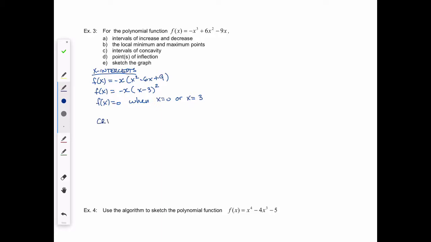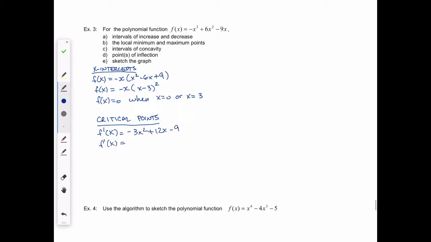The next calculation is my critical points. They happen when I take the derivative of the parent function. So we get negative 3x squared plus 12x minus 9. I always try to factor something out to make my life easy. I'm going to take out negative 3, and we get x squared minus 4x plus 3.